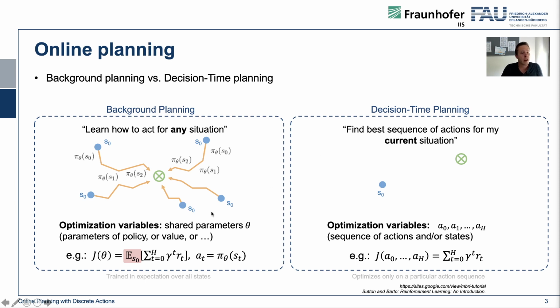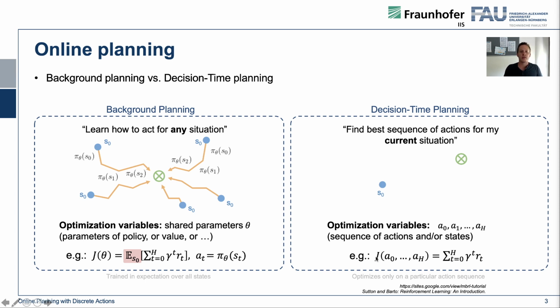Our optimization variables were some shared parameters theta that describe a parametric policy or a value function. And in the end, we trained these parameters in expectation over all the available states. This is what we did in background planning, and this is very close to what we did in model-free reinforcement learning.